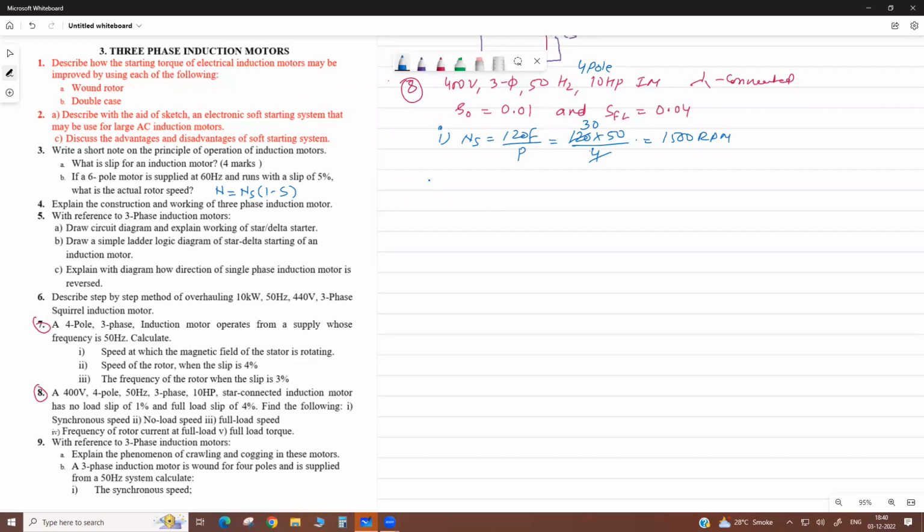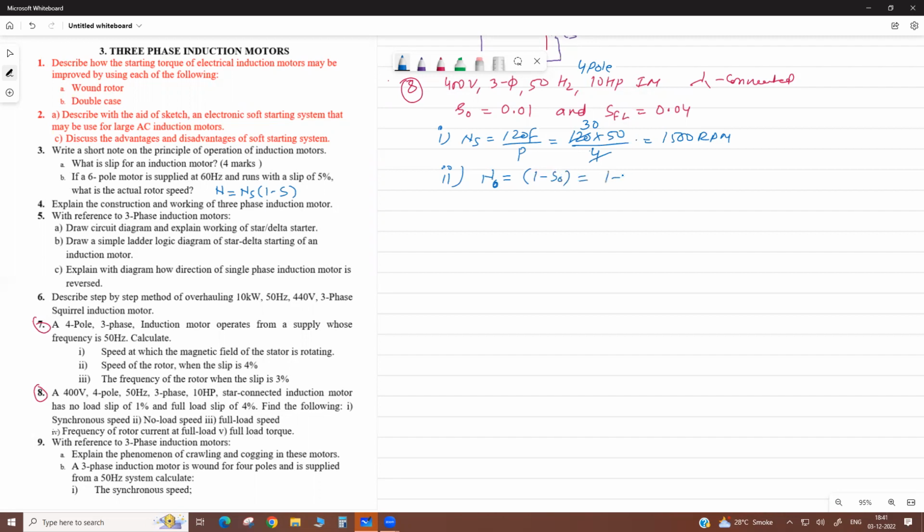Now he asked the second part, no load speed. So at no load, what is the speed? Basically it is very close to synchronous, but at no load it is not exactly synchronous speed. Generally we take a very close value, meaning speed is high. It is 1 minus the no load slip.